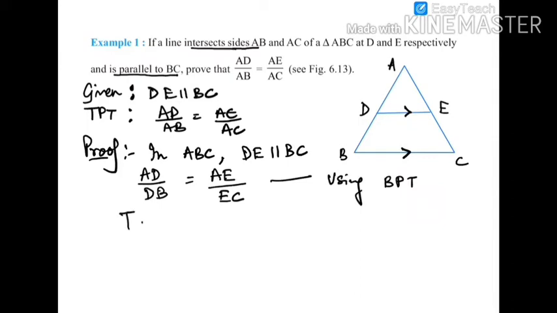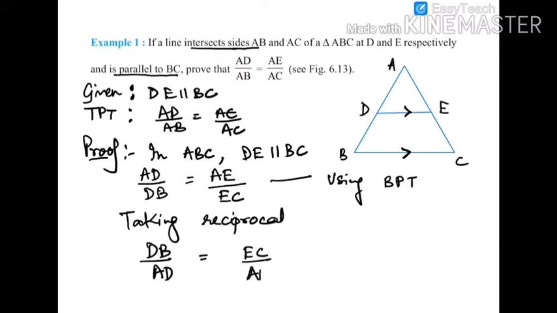Taking reciprocal, we get DB upon AD equal to EC upon AE.